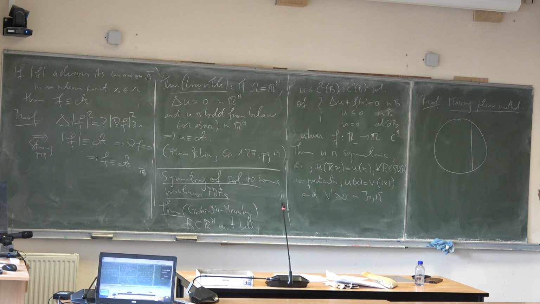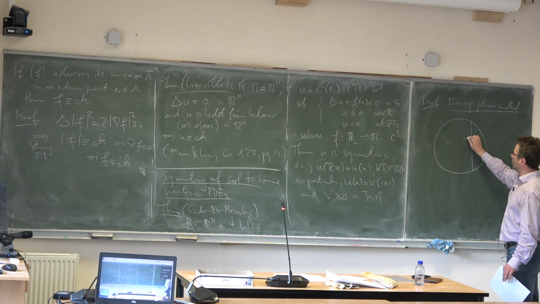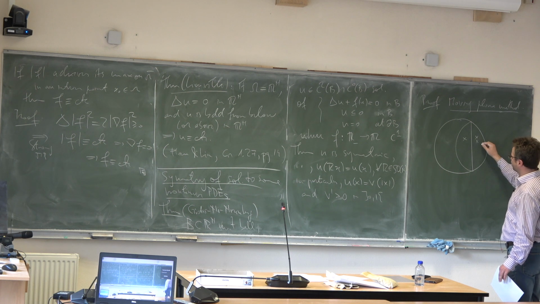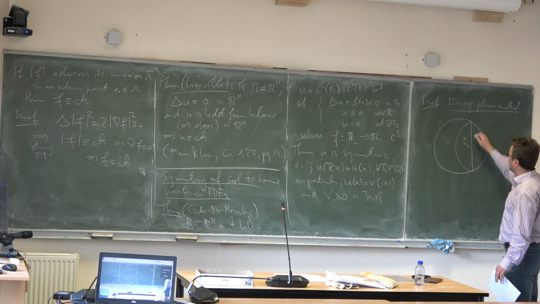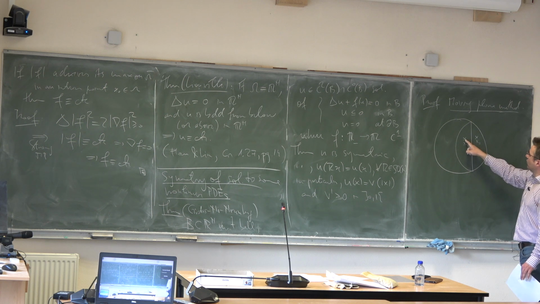You will compare the value of your function here with respect to the symmetric one, the value at this point x with respect to this point x_lambda. And you will prove that the value here is less than the value here, thanks to the maximum principle.